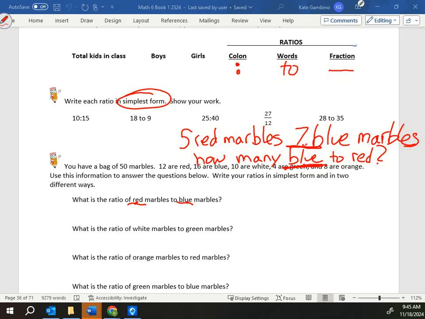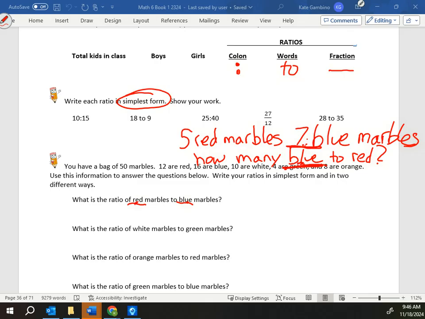I'm going over this for a reason. Why do you think I'm going over this so much? Who knows what's on the test? I know what's on the test. I know there will be at least one question where that second number is going to be the first one that you have to put in your answer.